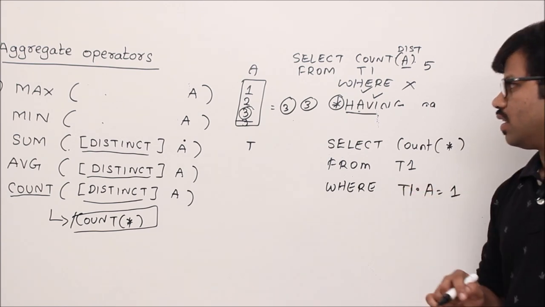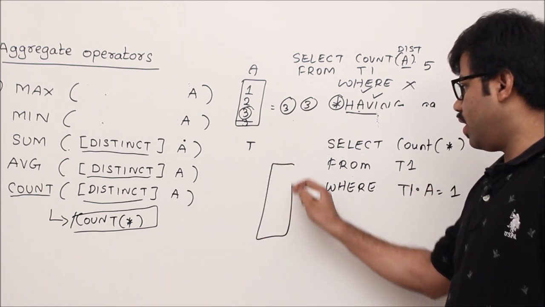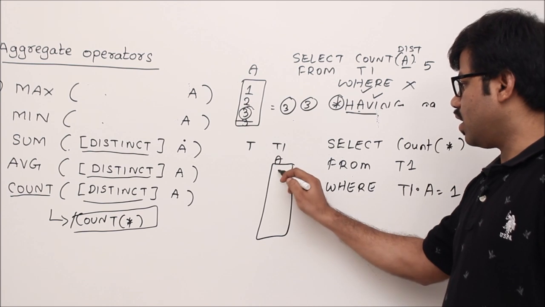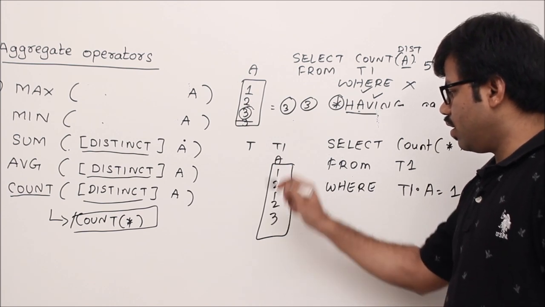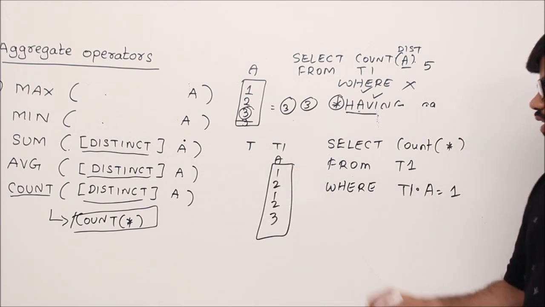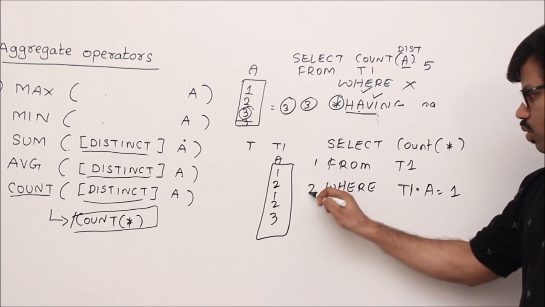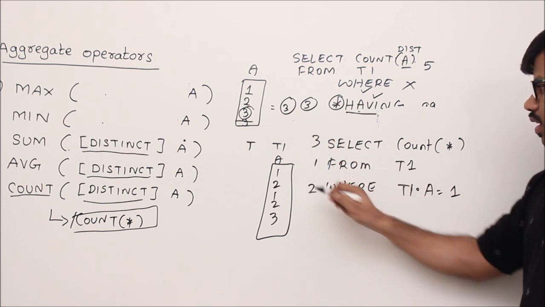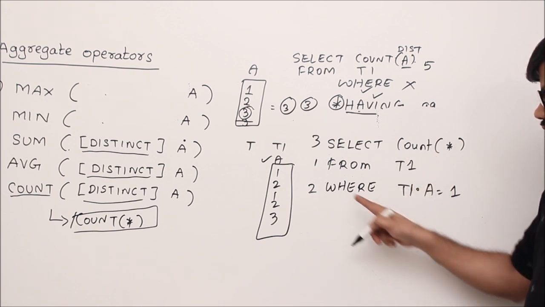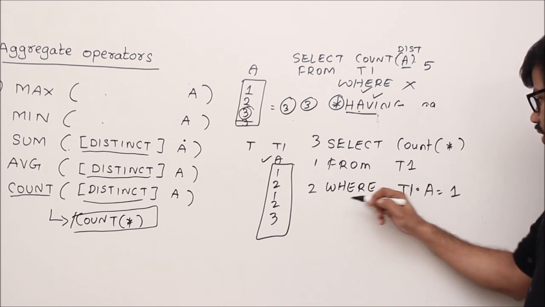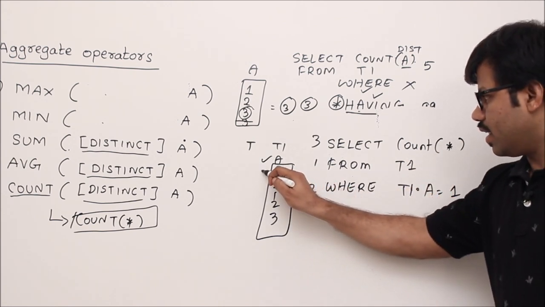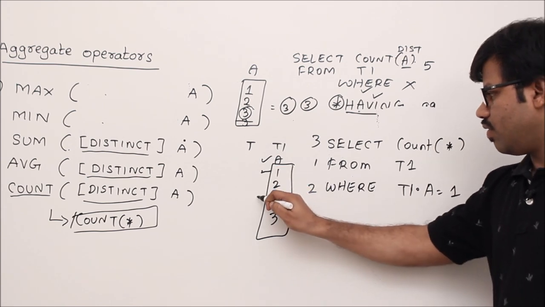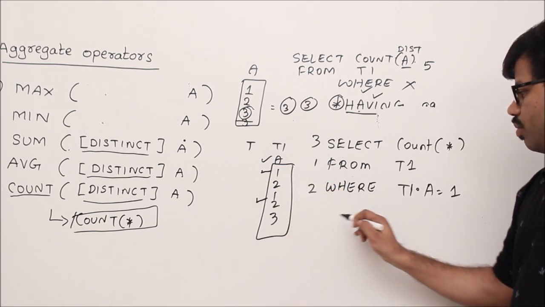What happens, we'll see. I am taking this table T1 and column A is 1, 2, 1, 2, 3. So how will this query be evaluated? Step number 1: take table T1 and evaluate the where condition. Whenever T1.A equal to 1, select it. T1.A is 1, yes, T1.A is 1. Then two tuples will be selected.